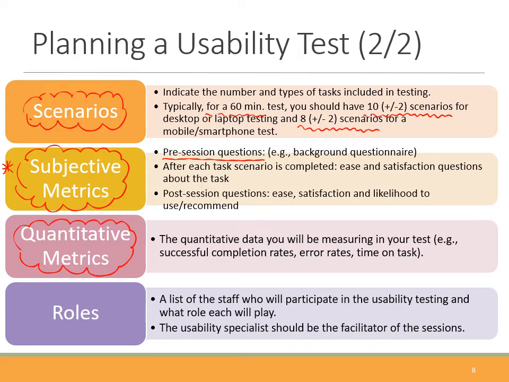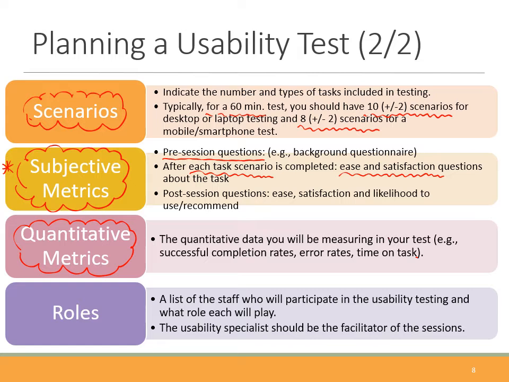And later on, after each scenario or each task or the test has been conducted completely, then a questionnaire which asks about ease of use, satisfaction, and opinion of the user could be done by the group of testers, right, or participants. Then this is a kind of subjective metrics that I already mentioned because it is based on the opinion of the users.